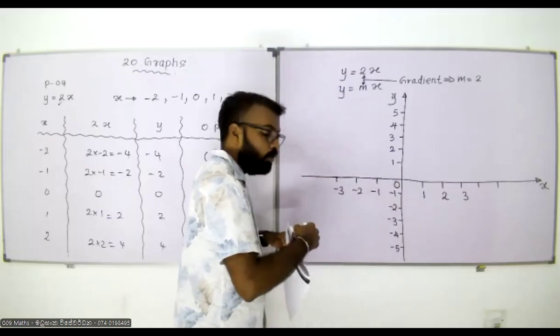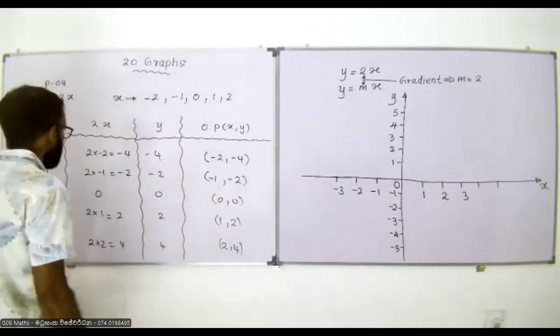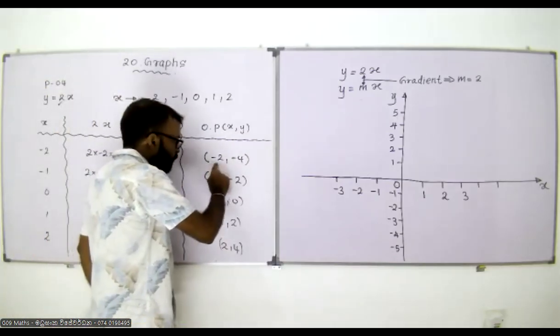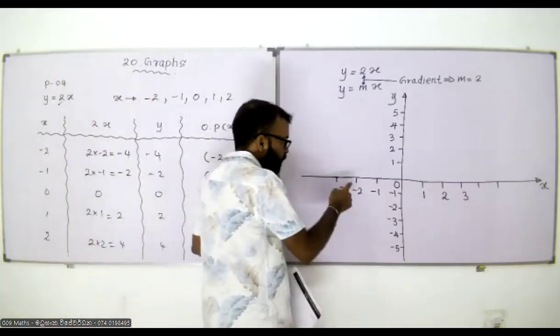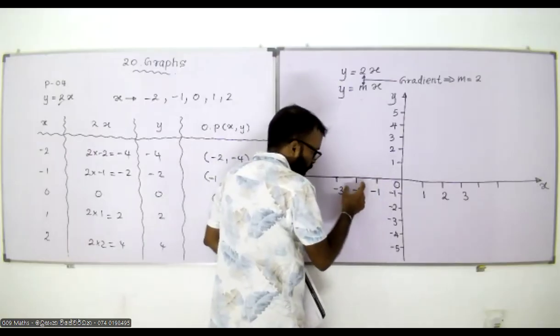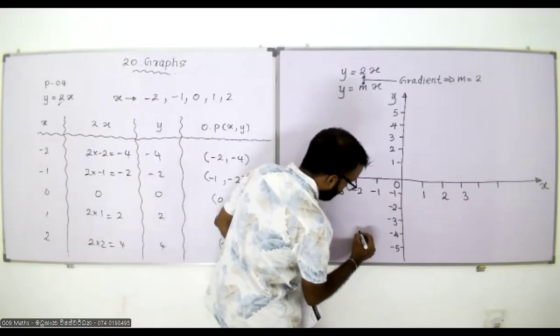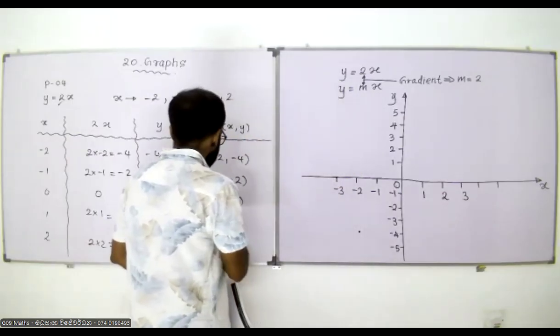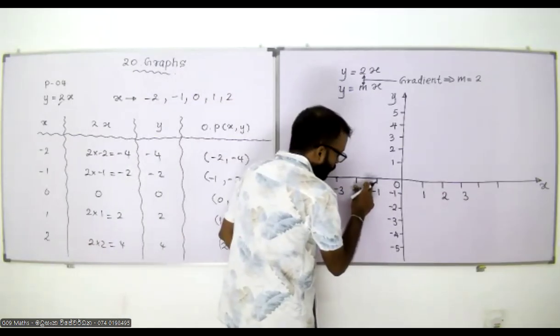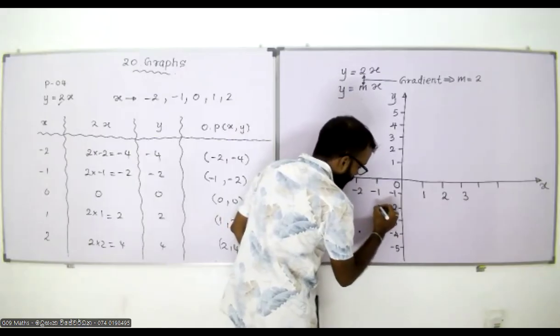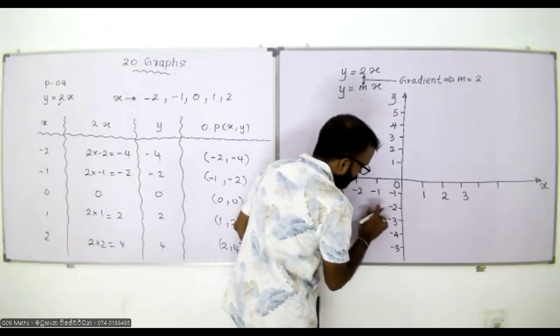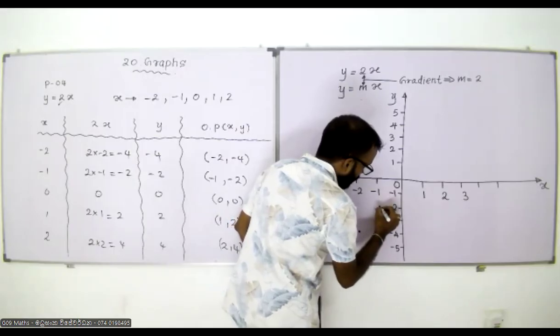Right. So now I am going to mark the points. First ordered pair, -2, -4. Where is my -2 on the x-axis? Somewhere around here. Right. That is the first. Then -1 and -2. -1 is here, -2 is here. Somewhere around here.